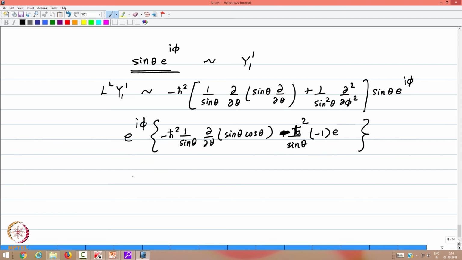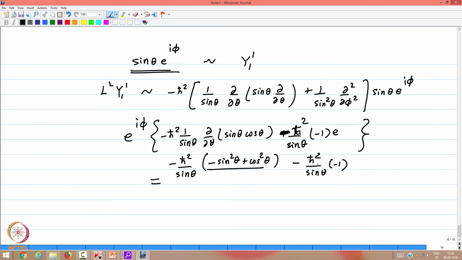So, now you can simplify this, and you will see that when you cancel this out and take this derivative, cos theta gives minus sin theta. So, it is minus sin square theta, and sin theta gives you cos square theta. So, it gives you plus cos square theta. That is to be multiplied by minus h bar square by sin theta, and you already have a minus h bar square by sin theta times minus 1.